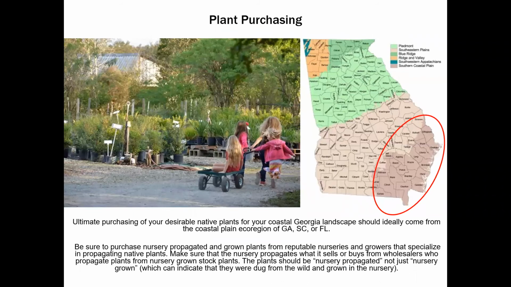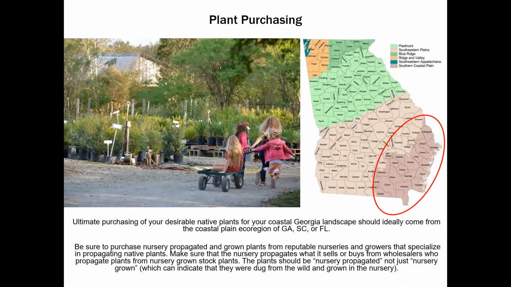When you purchase your plants, you want to keep in mind that we are, as circled on the right, within the Georgia ecoregion called the Southern Coastal Plain. And when you're buying plants, you are ideally trying to purchase plants that come from that Southern Coastal Plain. And that could mean from Georgia, South Carolina, or even Florida.